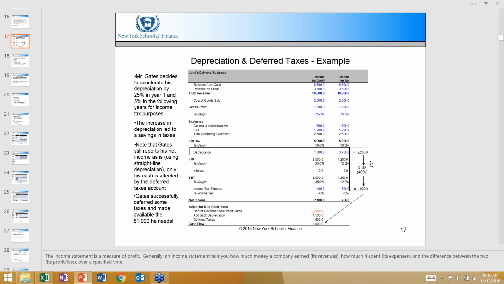For modeling, you don't build two income statements. So what this box on the right is trying to illustrate is the difference in depreciation calculation. This income tax expense saved, this $900 in deferred taxes, which is the difference between the tax expense and the tax paid, can be calculated by subtracting the taxes, but if you don't have two income statements, the other way to calculate this $900 is by subtracting the depreciations: accelerated minus straight line is $2,250 times the tax rate.